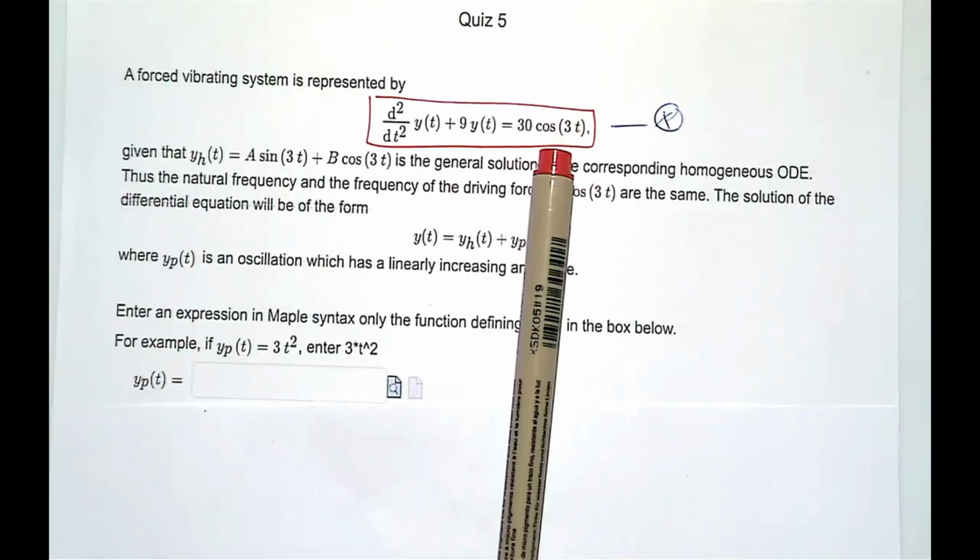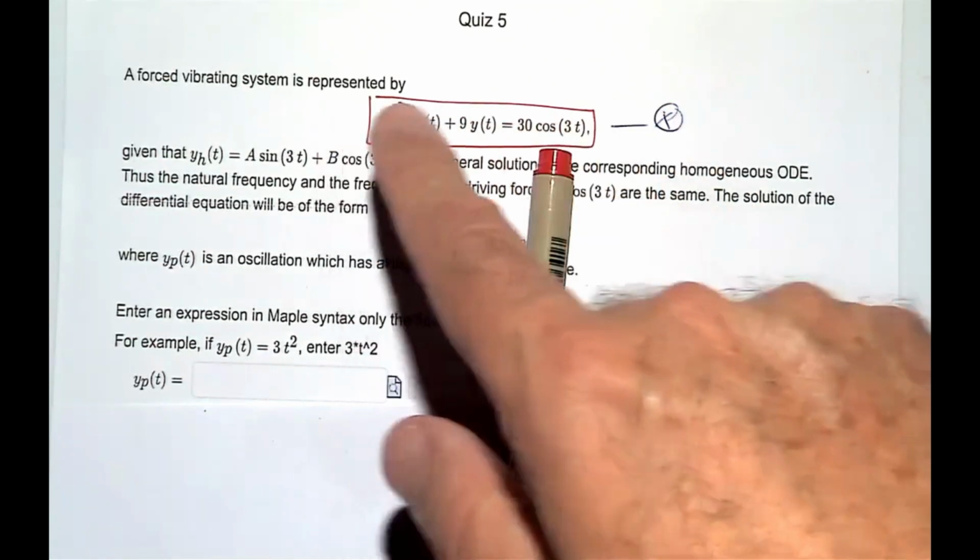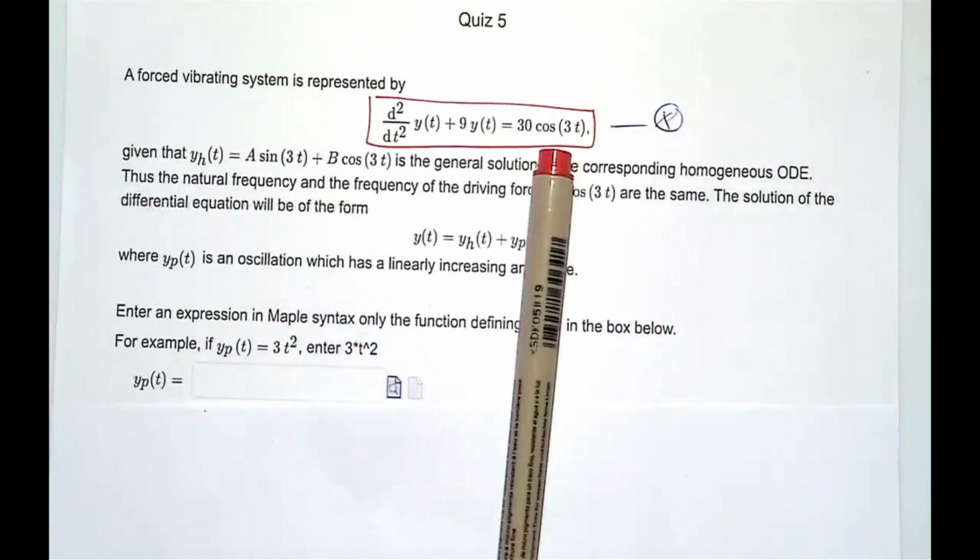So, what happens if I differentiated both sides twice and then took the original thing away from both sides? What am I going to get? I'm going to get 0 on the right-hand side. Okay? So you can do it. You can do it, right?